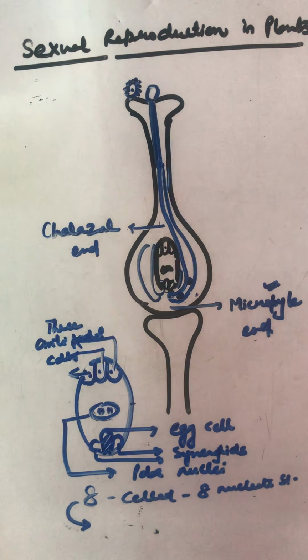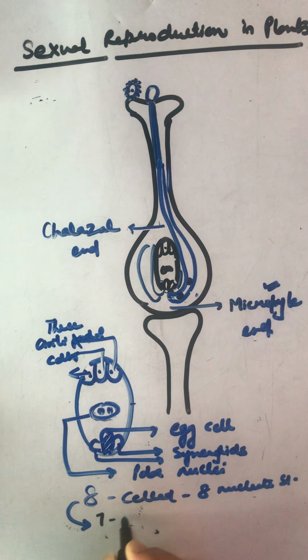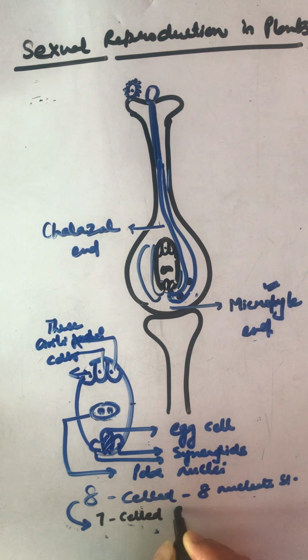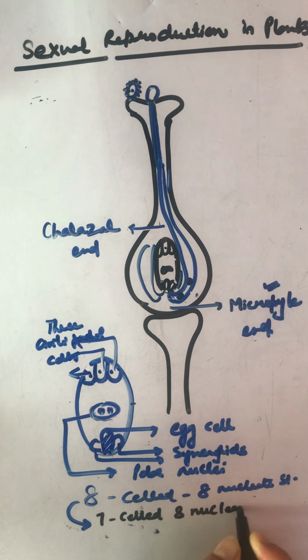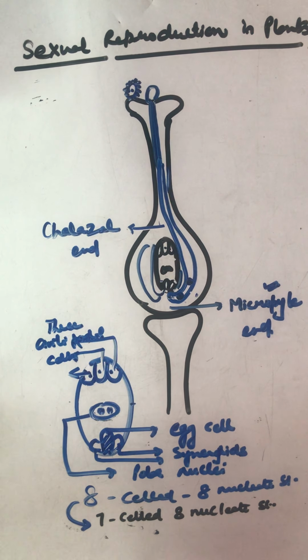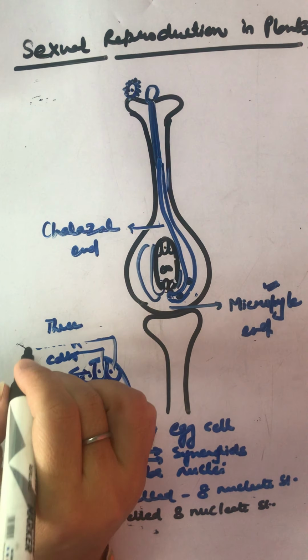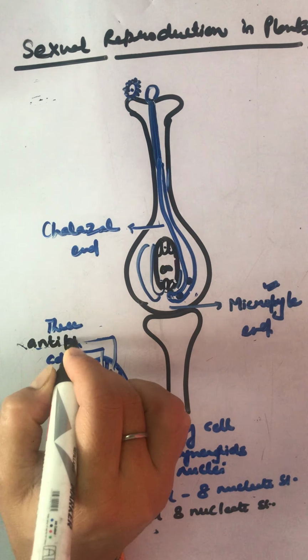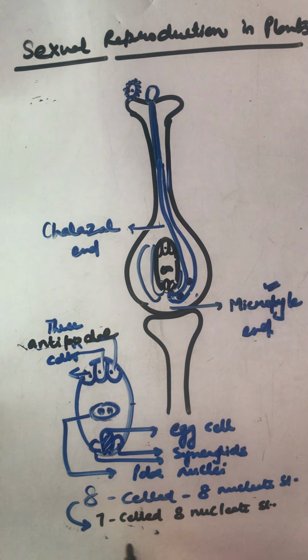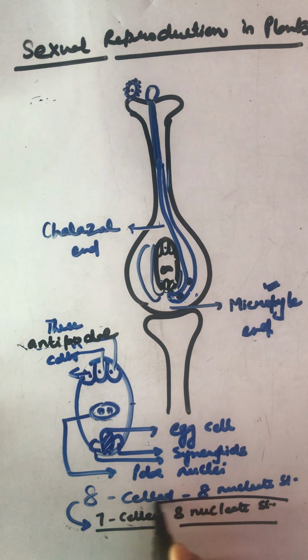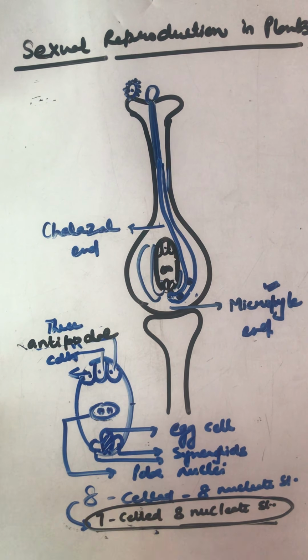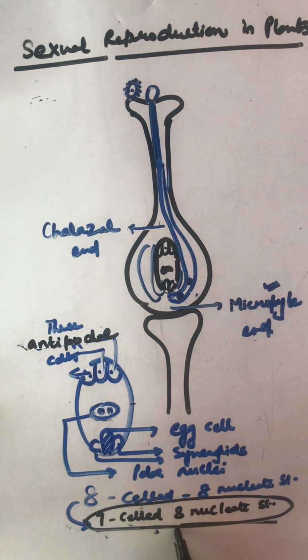It transforms into a 7-celled, 8-nucleate structure. Okay? It is not clear, I will write it clearly. Antipodal. This is the structure of an egg with which fertilization takes place.